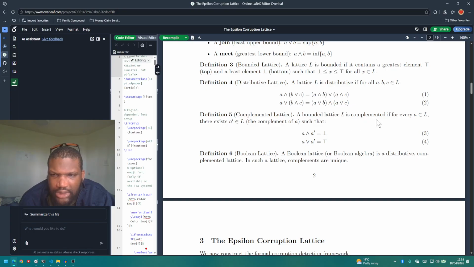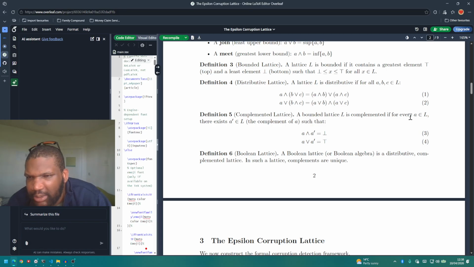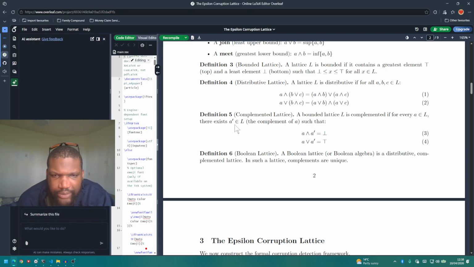The boundary lattice is commented. If there exists a prime element of A such that A join A complement equals the disjoint. What is this property? Complemented lattice. This is a complemented lattice, basically.